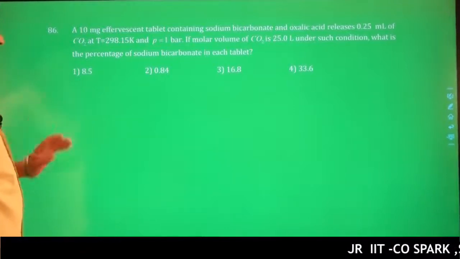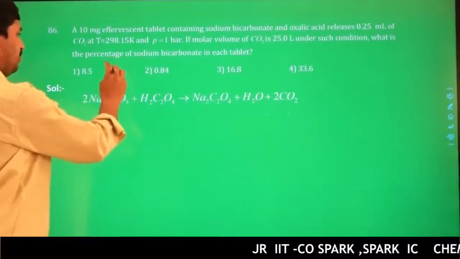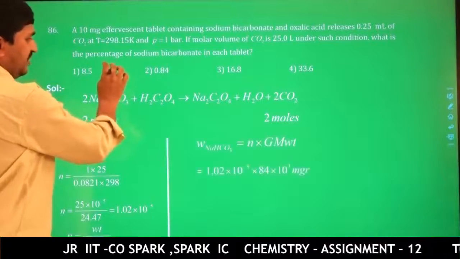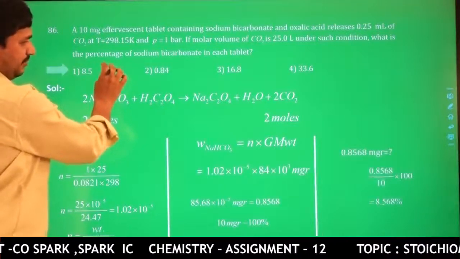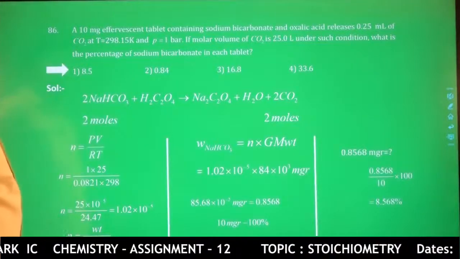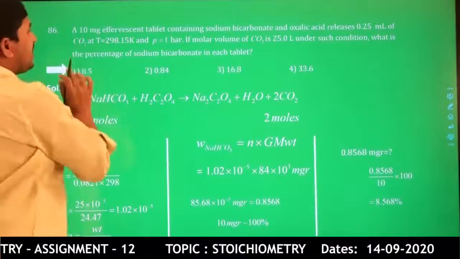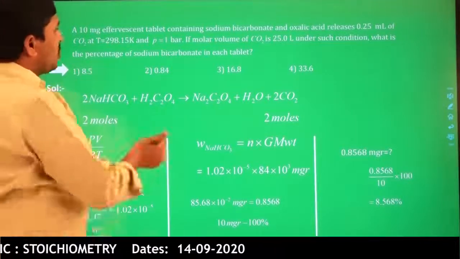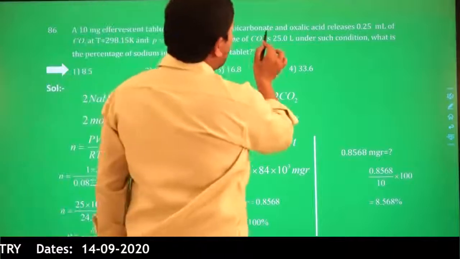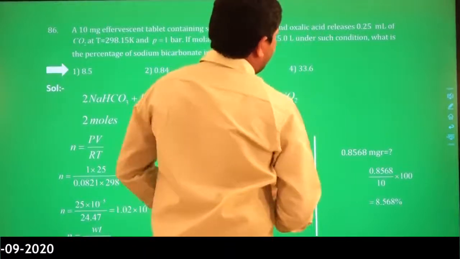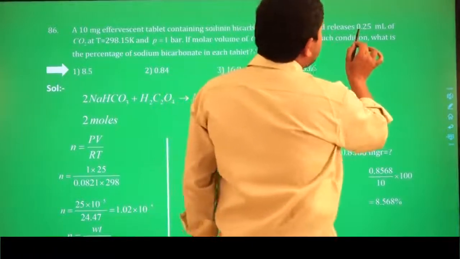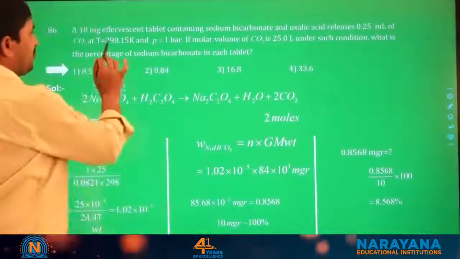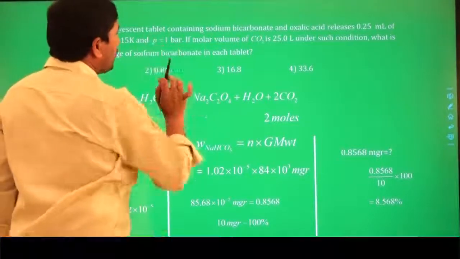Here it is a standard level question and also a previous mains level question. So first of all, try to understand the question. Got it? So what is the question? A 10 milligram effervescent tablet containing sodium bicarbonate and oxalic acid releases 25 ml of CO2 at 298.15 kelvins and 1 bar pressure.